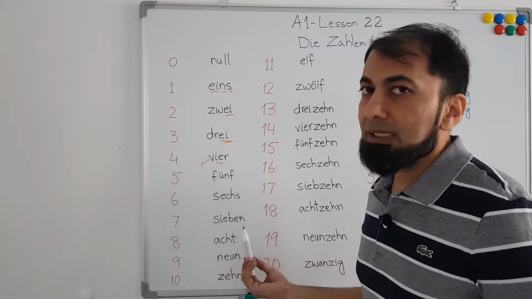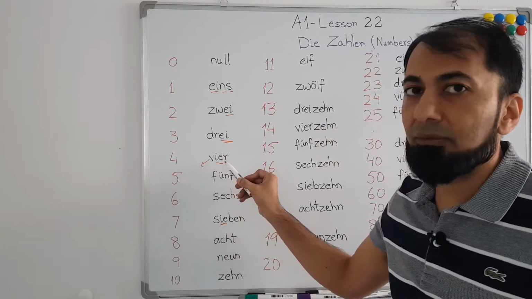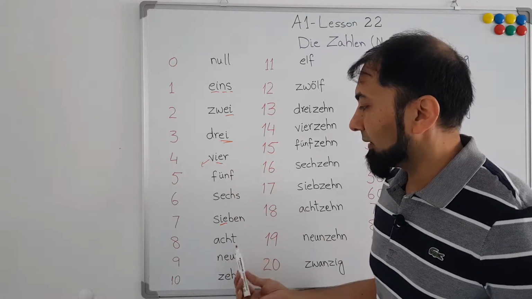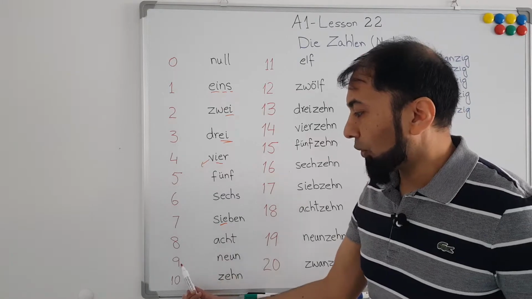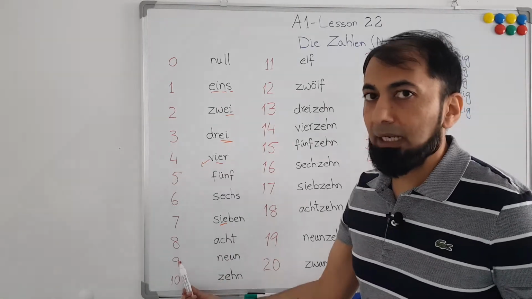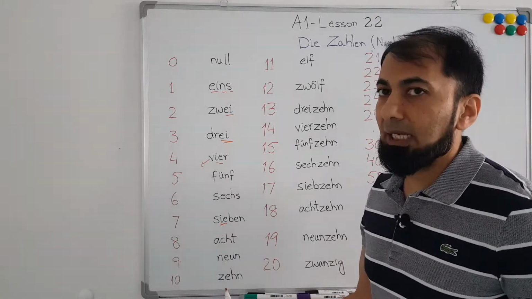7, sieben. Again this combination, what we have here in vier, sieben. 8, acht. 9, neun. 10, zehn.